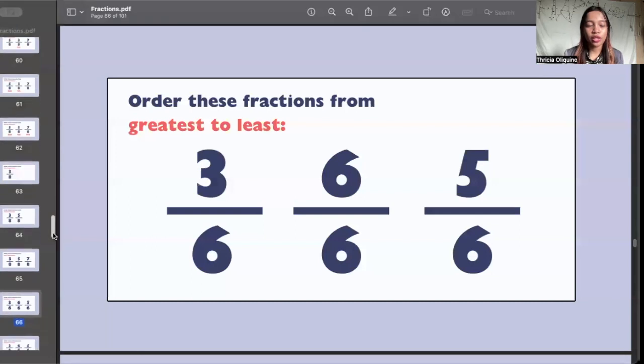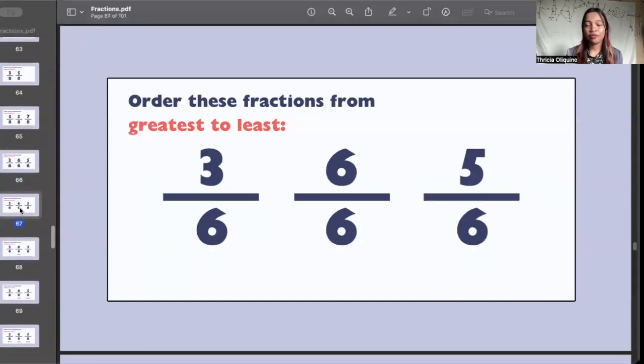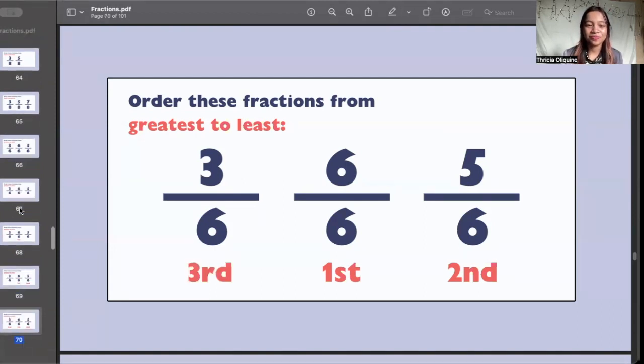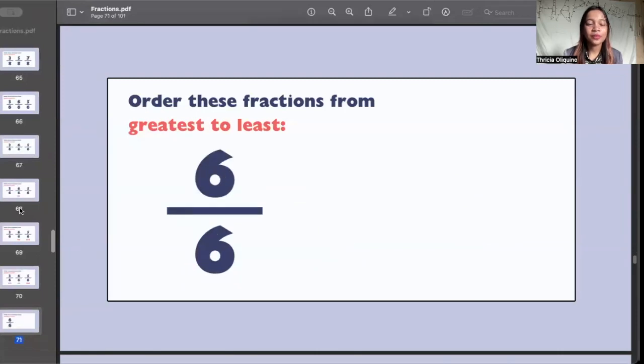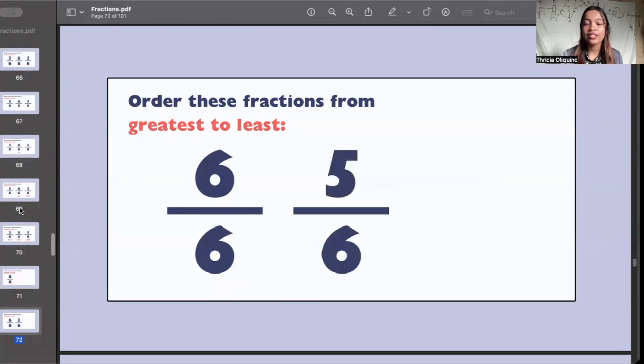The greatest one there is 6/6, a whole, so it's the largest. How about the next? We have 5/6, the second one. And the least or the smallest one among these fractions is 3/6. Good job. If you're going to order them properly, we will have 6/6, 5/6, and 3/6.